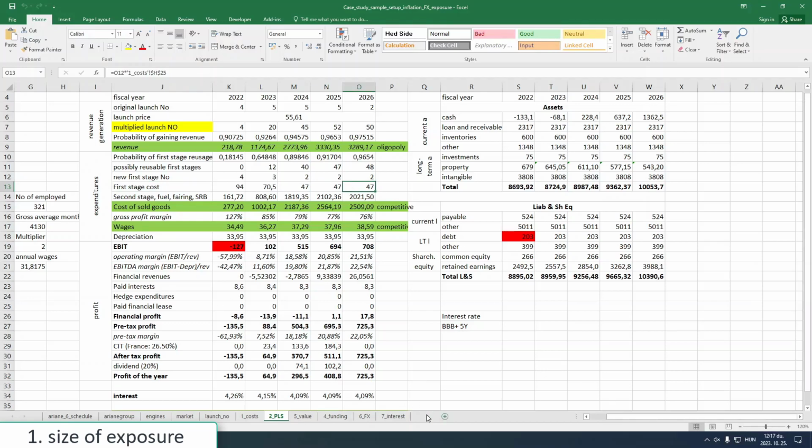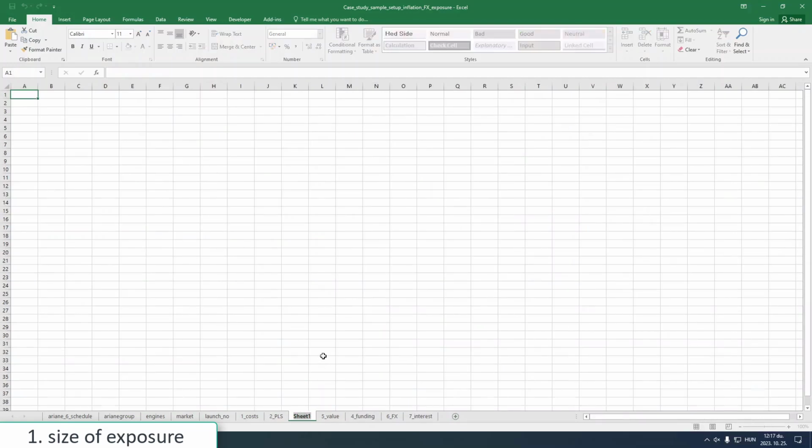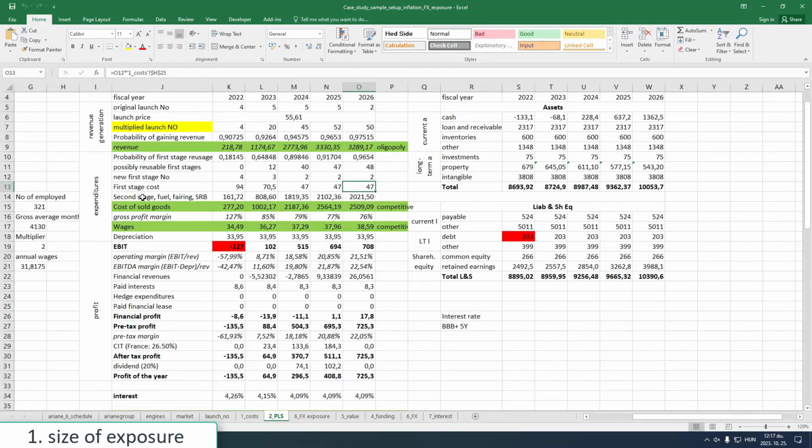data. So let's create a new sheet, because now we have to see a fixed exposure. Yeah. So what is relevant for us? Number of first stages, because this is okay. First, relevant for us different years.